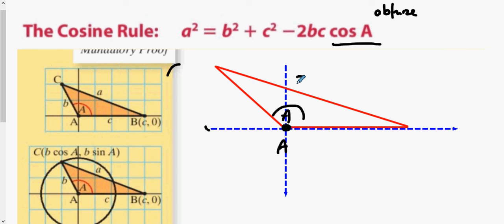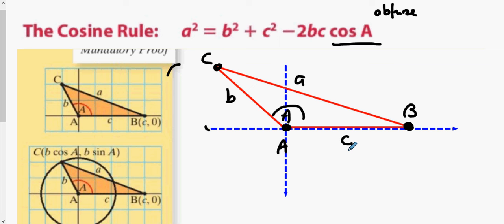Small a, and this is going to be vertex B, and your vertex C. Now what's that mean about this length here? Small b. And what about this length here? Small c.